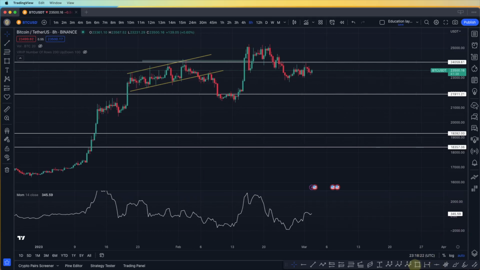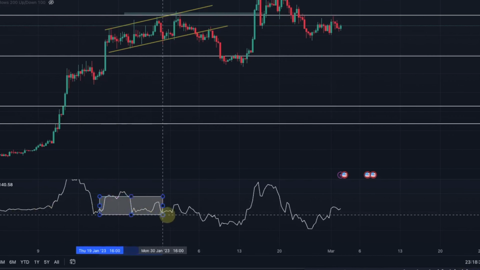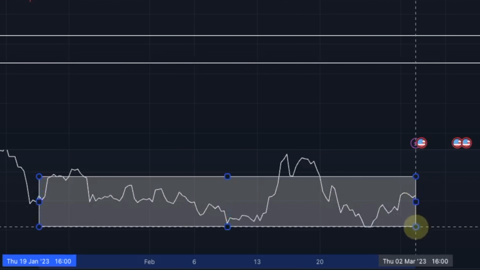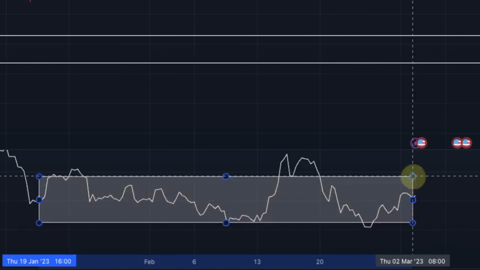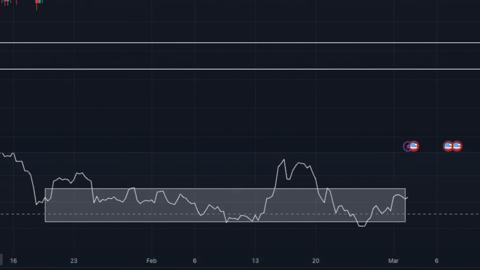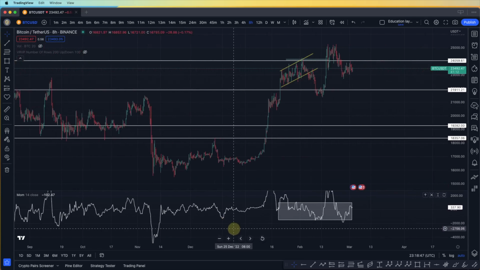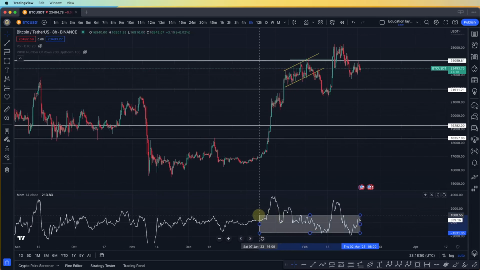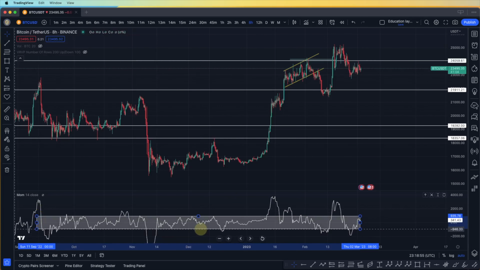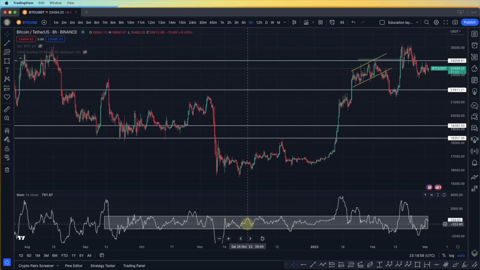I'm going to grab the rectangle tool and drag it around the area where the market is mostly ranging. It gives us some numbers. I'm going for more extension, because the bigger the number you get, the better you can identify the ranging in this area.